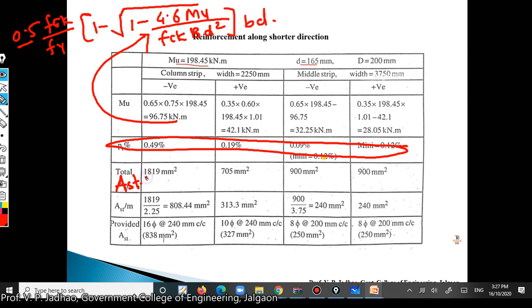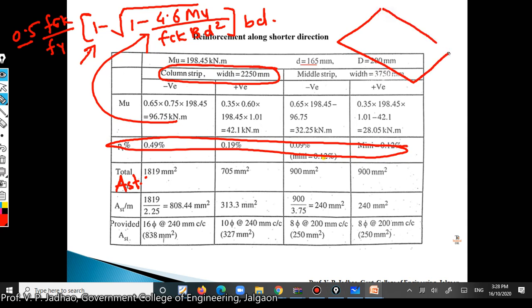So we get from using this formula, and here we have to keep in mind that the width of column strip is 2250, because it is along the shorter direction.